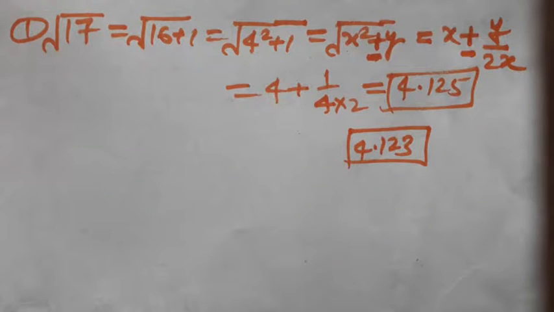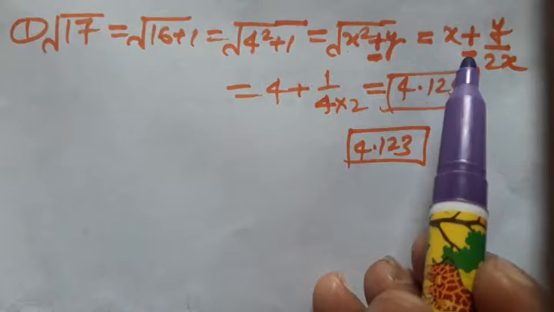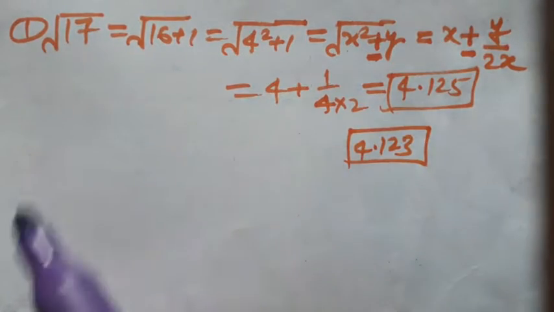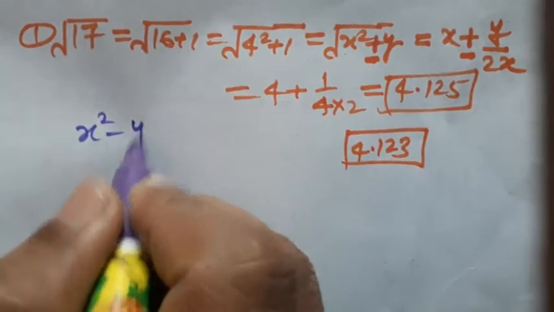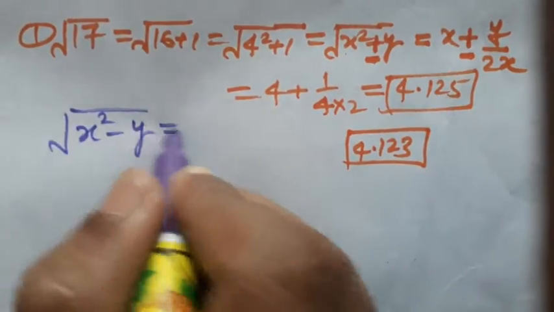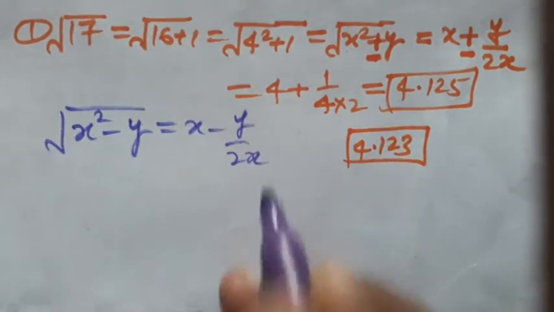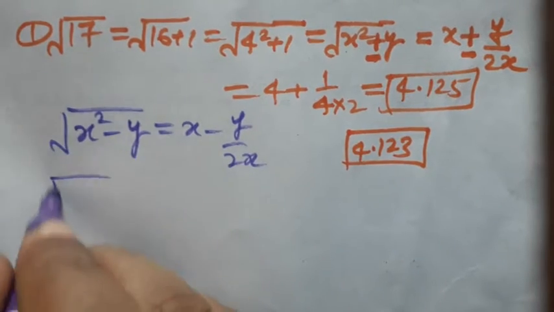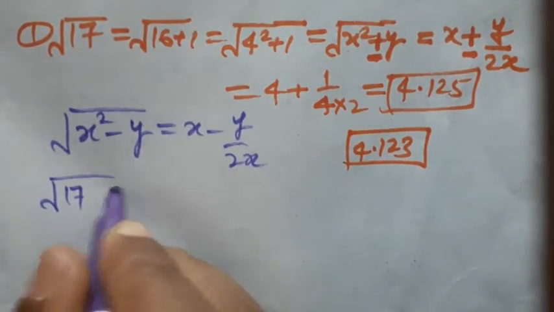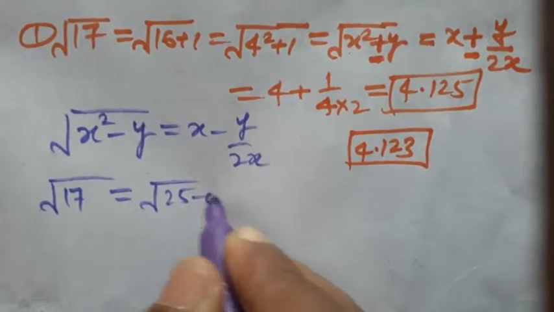It was the first scenario. In the second scenario, if we opt for a minus sign here, then we have to put a minus sign here also: root of x square minus y will be equal to x minus y upon 2x. So if we break 17 like this, root 17 is equal to root of 25 minus 8.